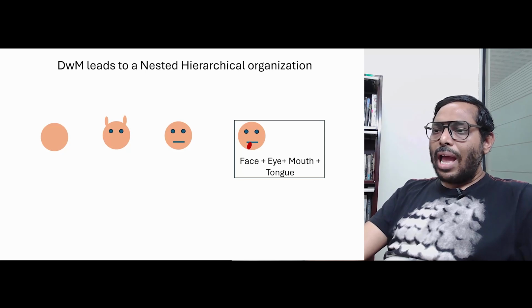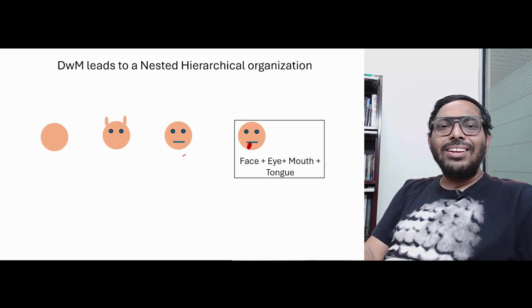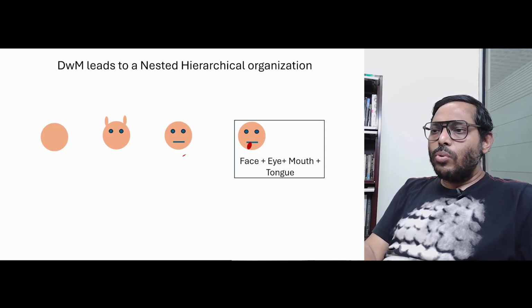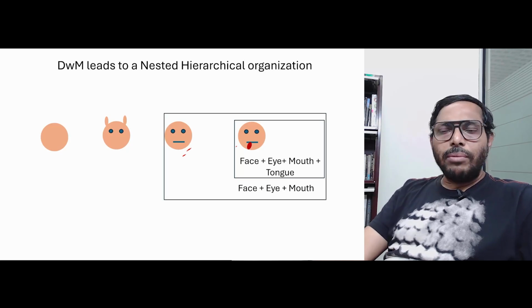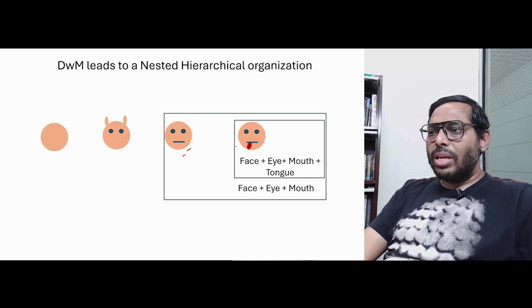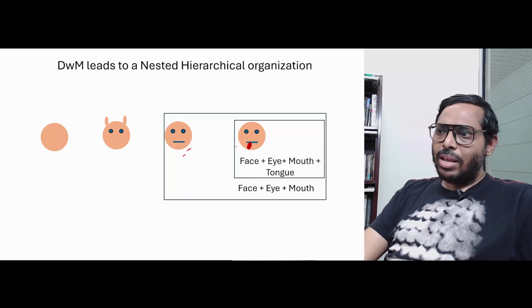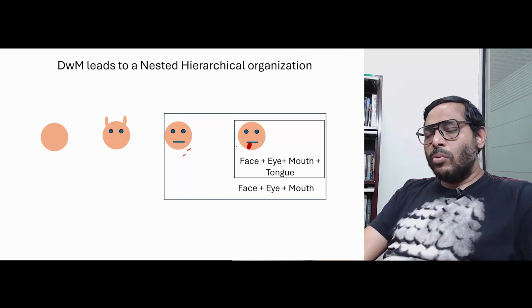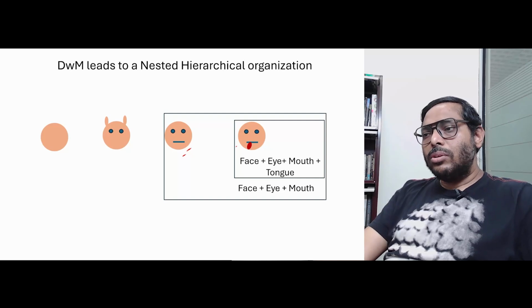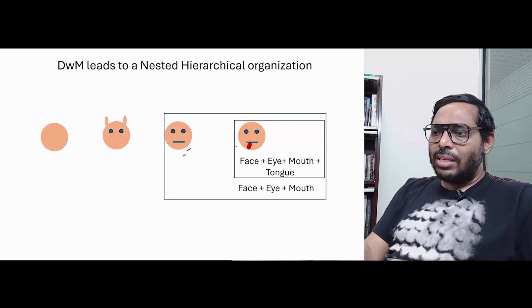Now, you have another nearby species which has everything else, but does not have the tongue. So, you can take this species and this species and group them together, because both of them have the common properties of the face, the eyes and the mouth. If you call this innermost group the species, you can probably now call this group and this group together a larger group, say something like the genus.